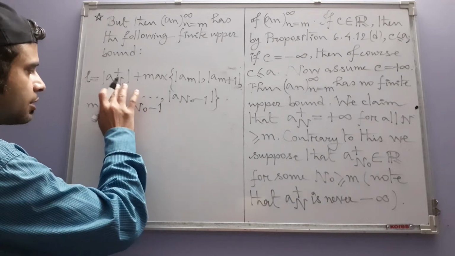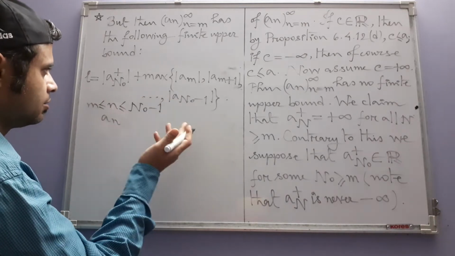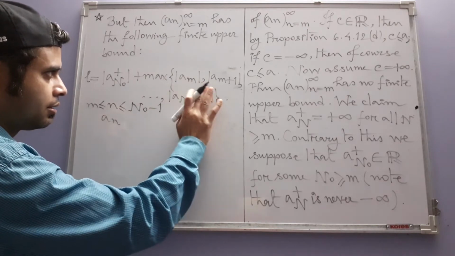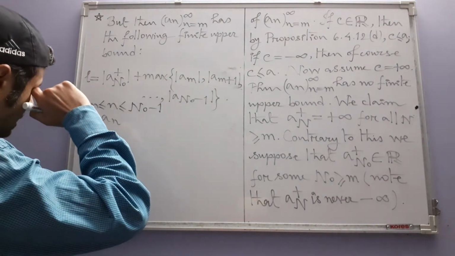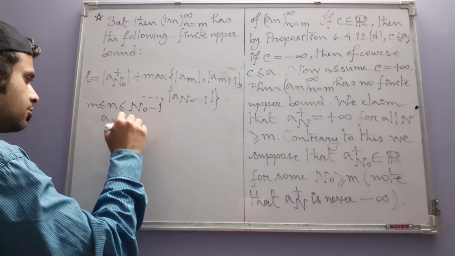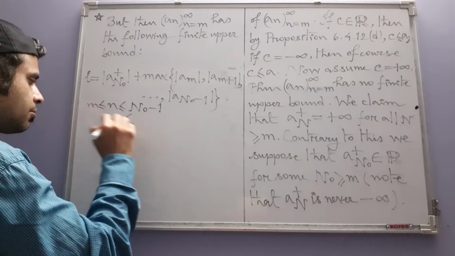But if of course n naught is greater than m, then we would have at least one absolute value here. Anyway, in this range, what happens to an is this.